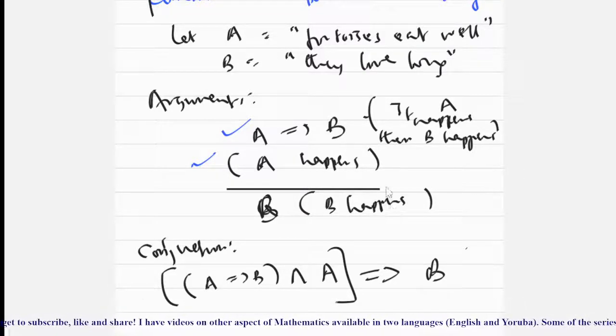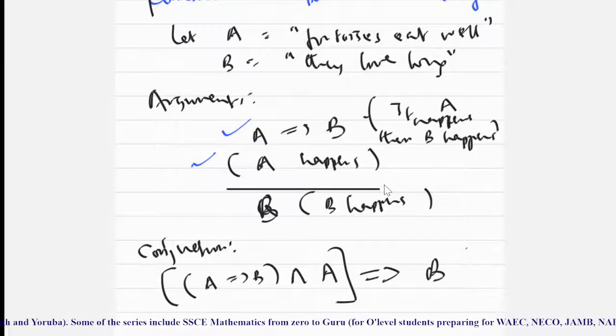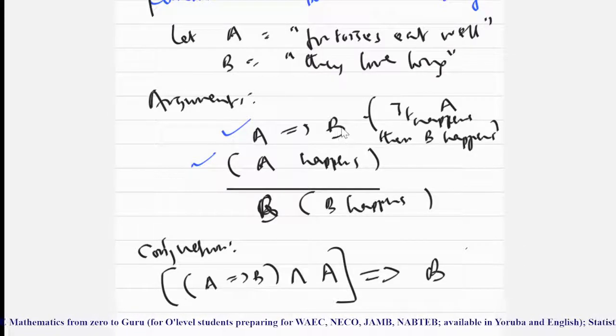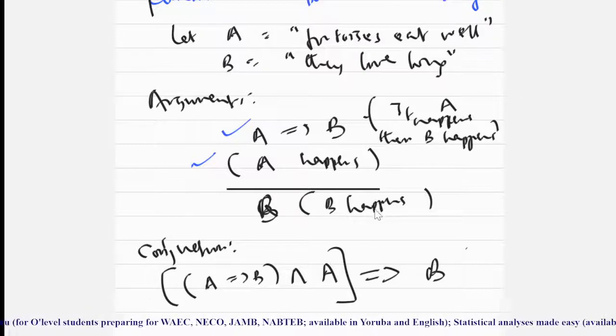So if you now want to combine them together, or you want to show that these are valid, you take the conjunction of these premises and say it implies your conclusion. If you are able to show that they are a tautology, then it is valid. If it is not so, maybe it is a contradiction, then it is not valid. It's a mere fallacy.